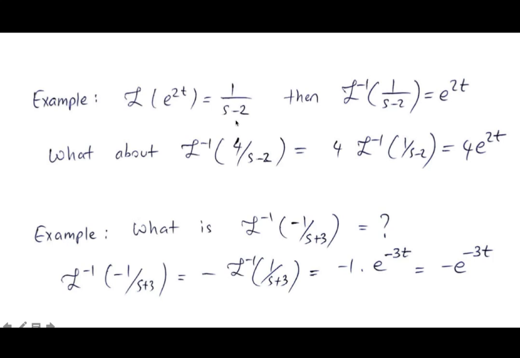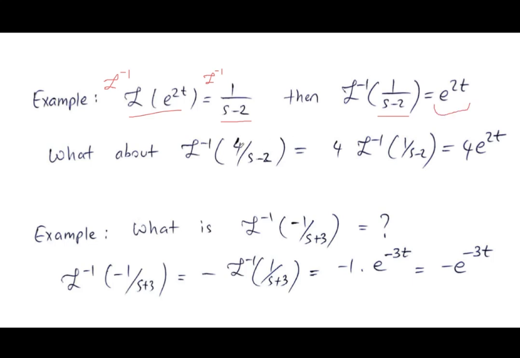Here's another example. We have studied before the Laplace transform of an exponential. For e to the power 2t, that was given as 1 over s minus 2. Therefore, if you apply the inverse Laplace transform on both sides of the equation, we get that the inverse Laplace transform of 1 over s minus 2 is given by exponential 2t.